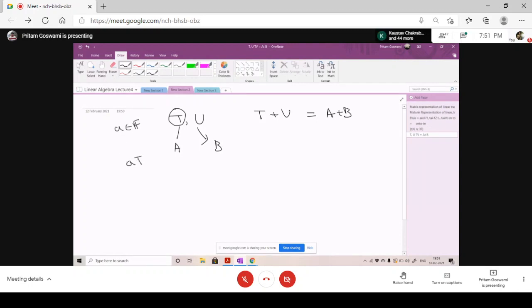Then AT is also a linear transformation, and its matrix is the scalar A times the matrix of T. Can you tell me the relation between matrix multiplication and these two linear transformations? Composition. Yes, so it is nothing but TU, the composition.